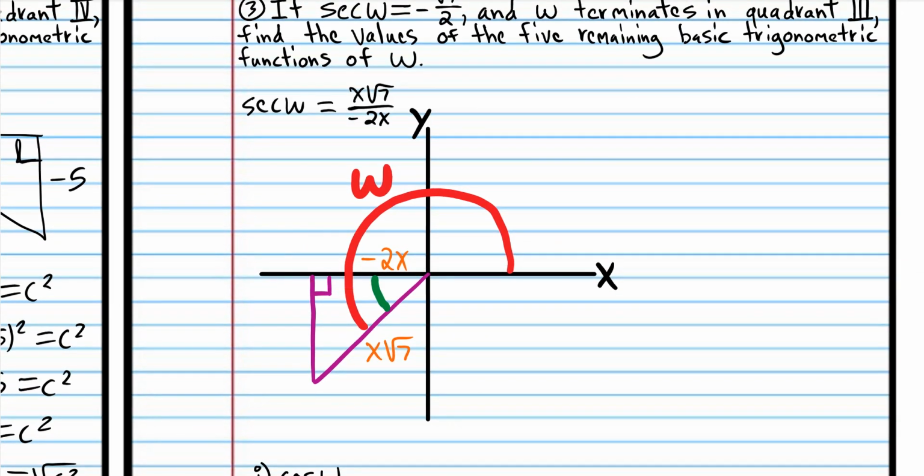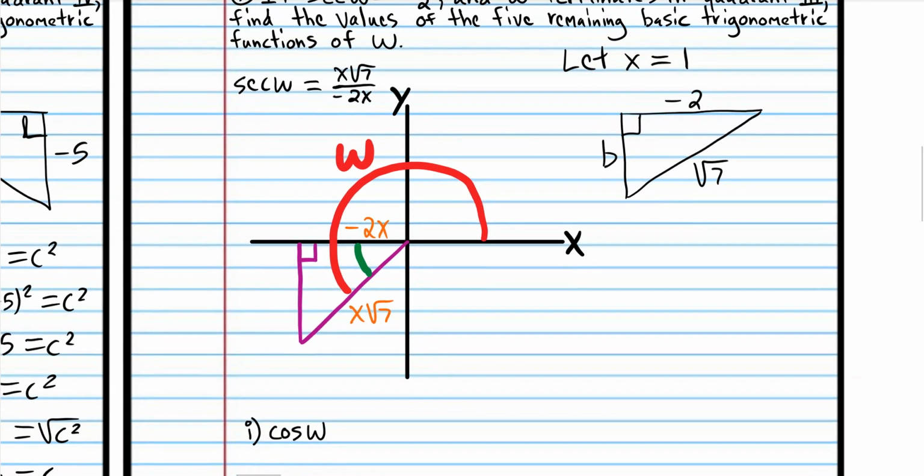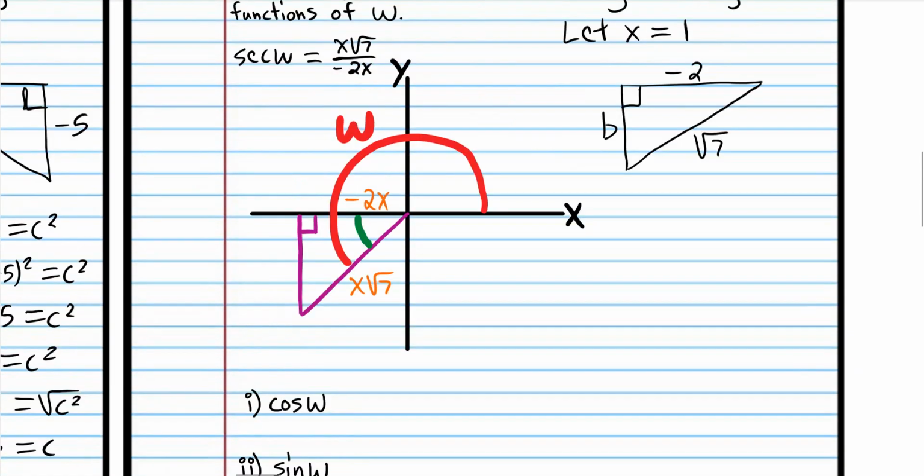So to make things convenient, we're going to let x equal 1, and that means that this side is -2, this side is √7. And we need to find that missing side so that we can find the cosine, sine, cosecant, tangent, and cotangent ratios.